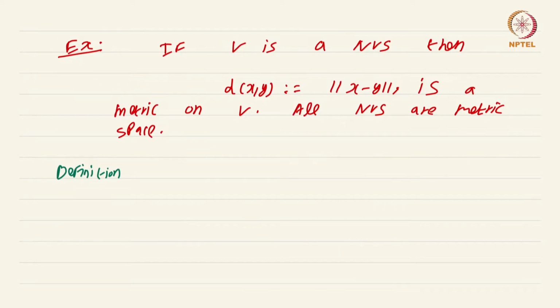So this is the definition of an inner product space. Again, the setting is same. Let V be a vector space over R.